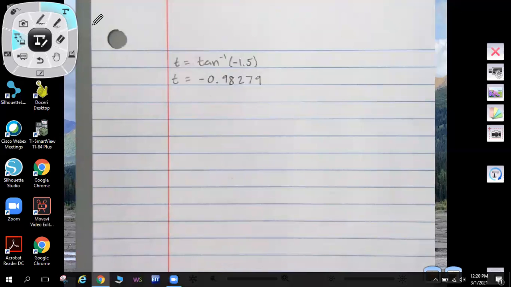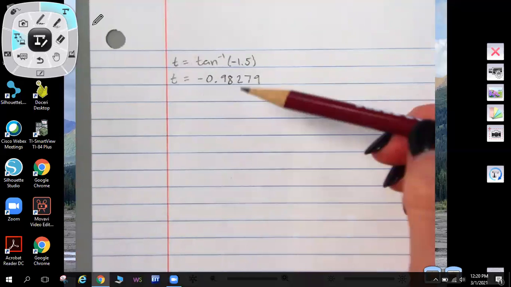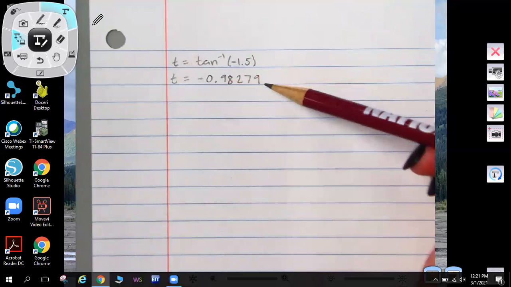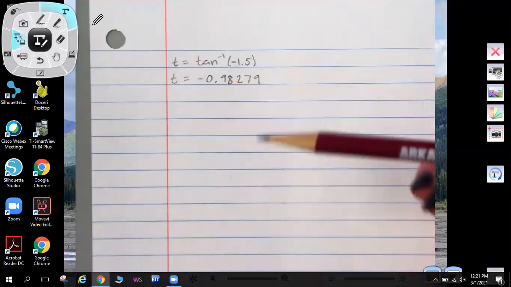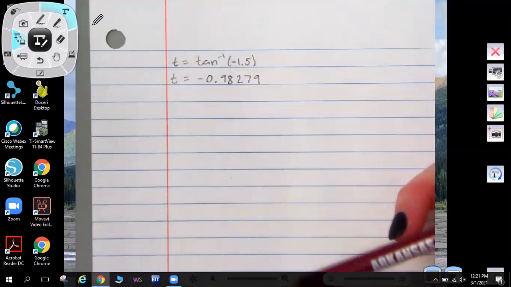So last time from here, we added full rotations to this number to get other values, which wasn't wrong. We just missed a step in there. We first have to get a second value for t. And the way that we do that is going to be different based on the different trig functions.